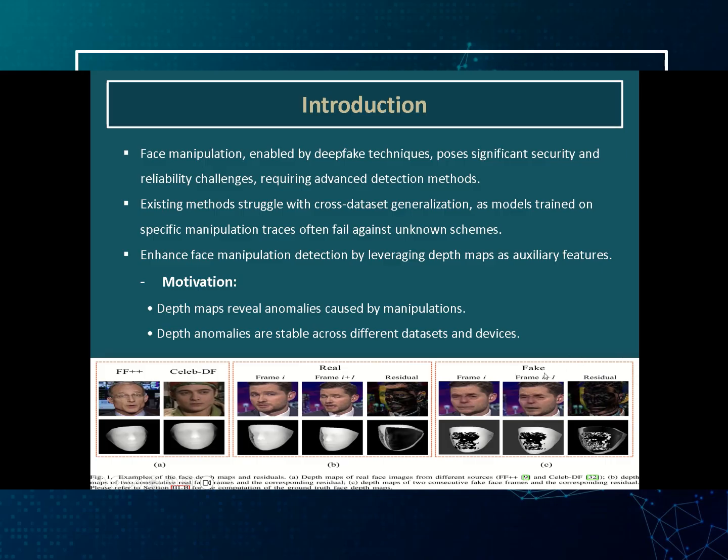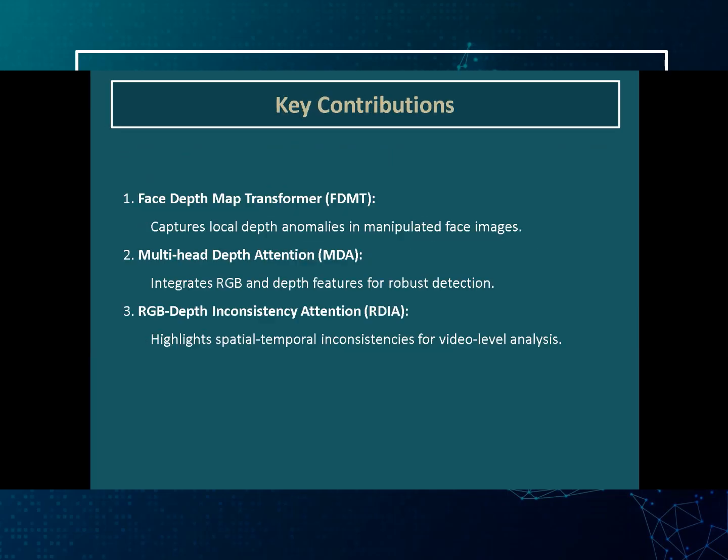But if we see the fake, the AI-generated image, the deepfake image or the manipulated image, we can see the depth map of these types of images is irregular, and most of the information is spread out throughout the corners. That's why the authors consider this auxiliary information, the depth map, for finding face manipulation or deepfakes.